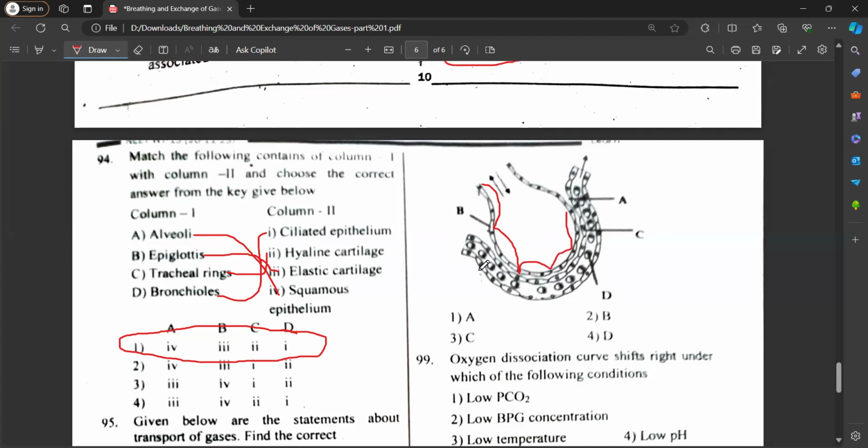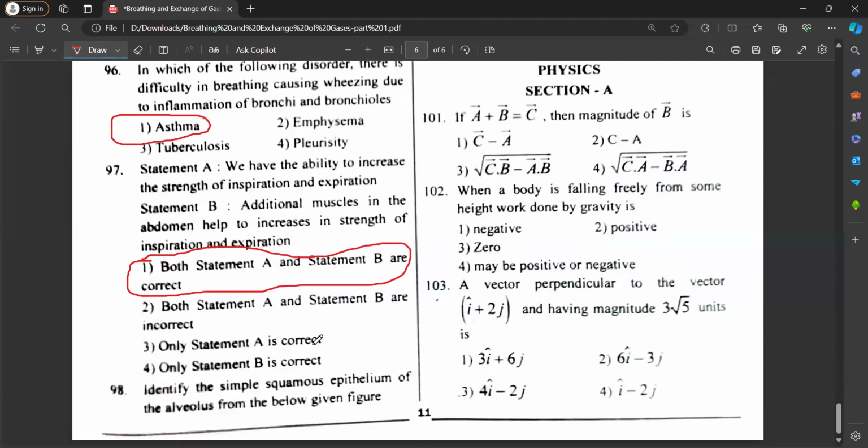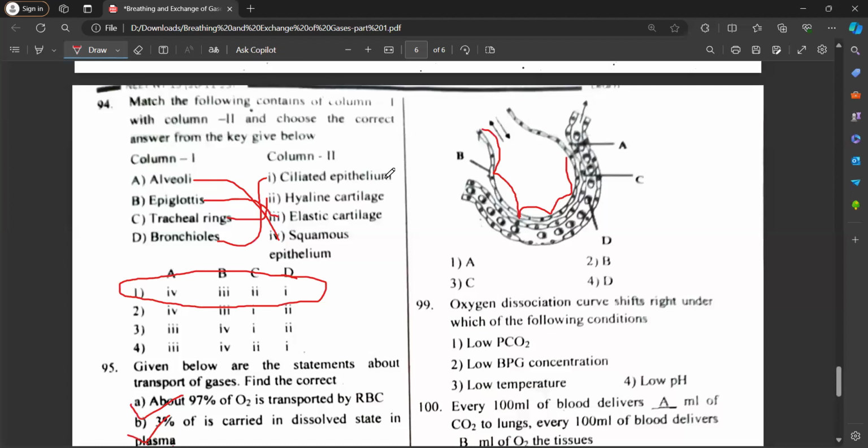B is the simple squamous epithelium of alveolus. So option 2 is the correct one. Even here, C is also simple squamous epithelium, but it is the simple squamous epithelium of alveolar capillary.